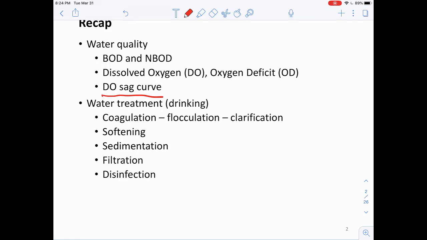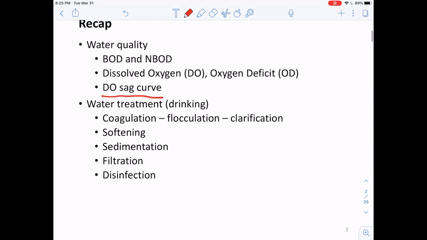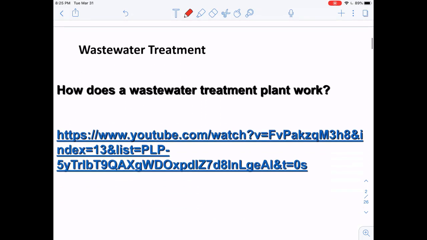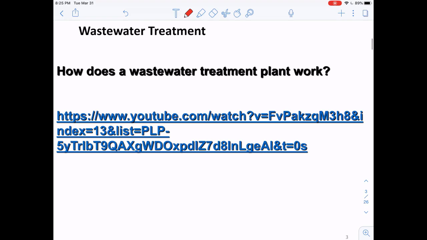That is going to exterminate all of the living organisms in the water, which is a disaster in terms of water quality, right? That's why we have to treat all of this wastewater before we dump it back into the environment. Here I have a short video about how a wastewater treatment plant works. Okay, let's all go through it here.